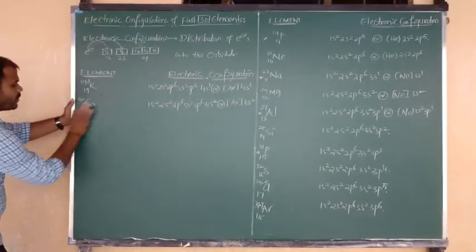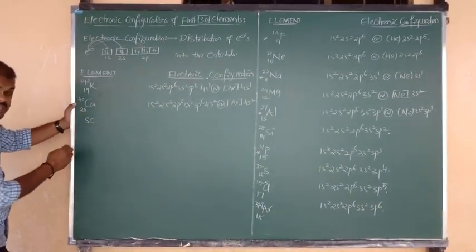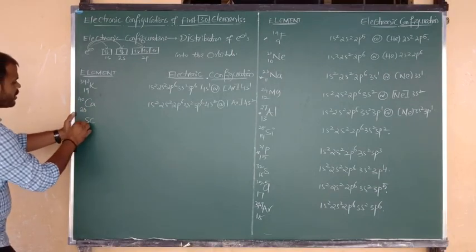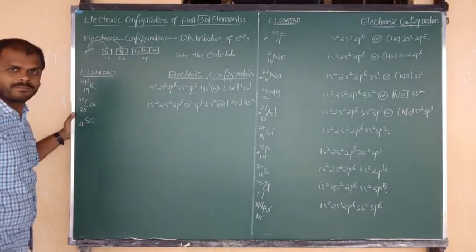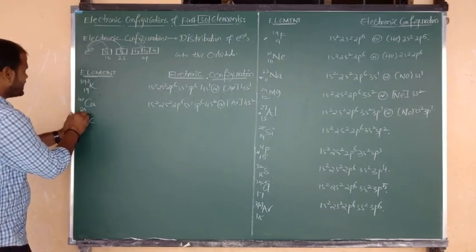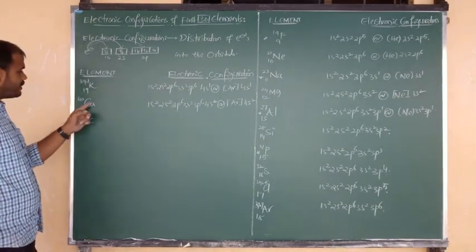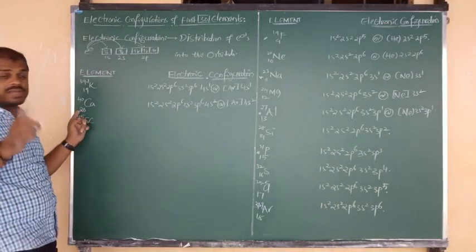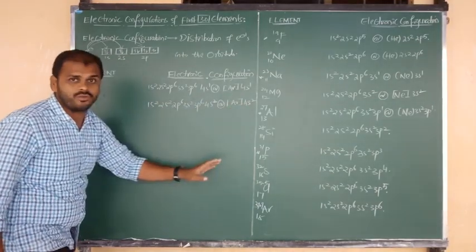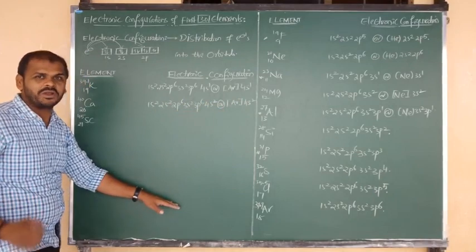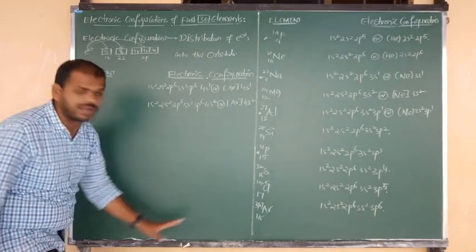So scandium, what is the symbol of scandium? Sc, scandium. Atomic number is 21 and mass number is 45. Scandium atomic number is 21, but calcium is 20. So up to calcium, what is the configuration? Argon 4s2. I am not writing completely due to lack of time, I want to use the short form.